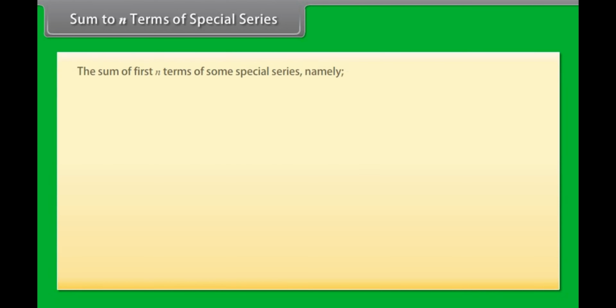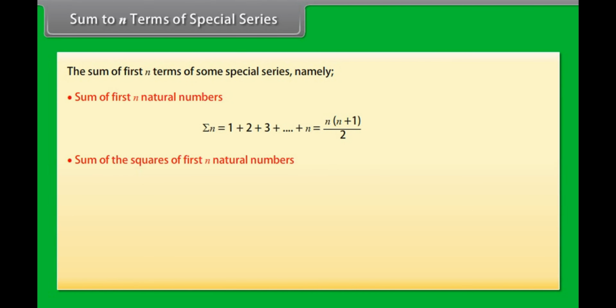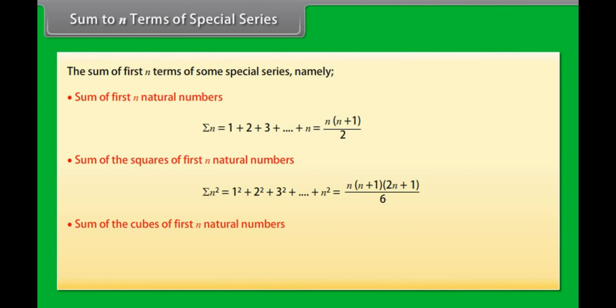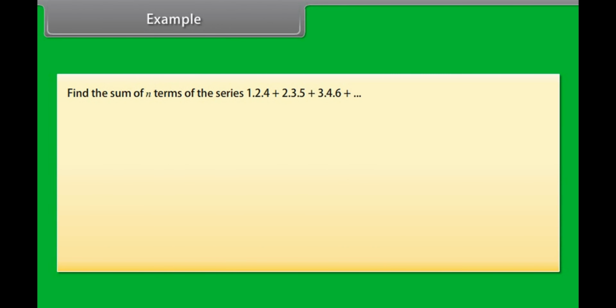Sum to n terms of special series. The sum of the first n terms of some special series, namely the sum of the first n natural numbers, the sum of the squares of the first n natural numbers, and the sum of the cubes of the first n natural numbers. Example: find the sum of n terms of the series. Solution: the rth term of the series is given.